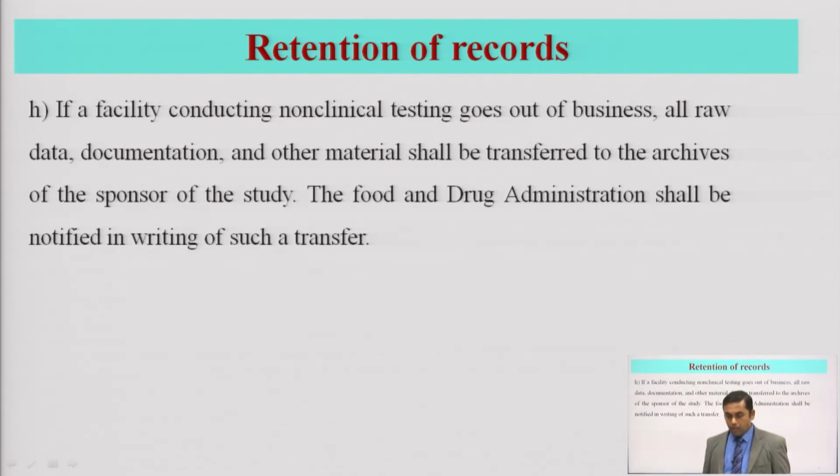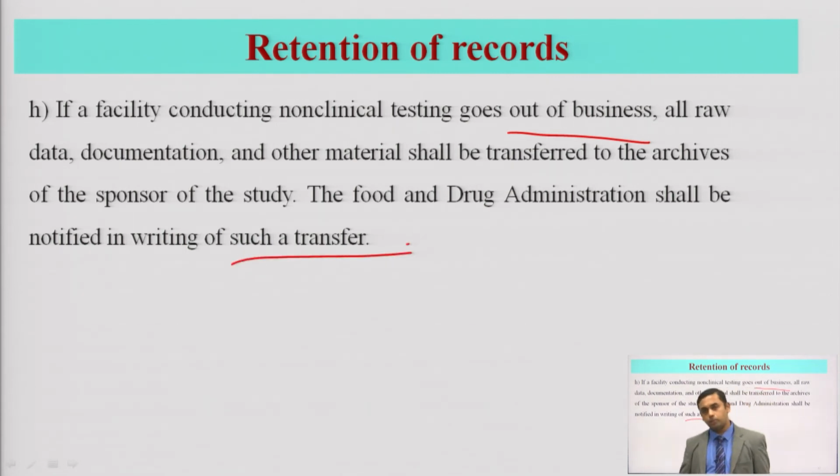After doing all such things, if a facility conducting non-clinical testing goes out of business, all the raw data, documentation and other materials should be transferred to the archive of the sponsor of the study. The FDA shall be notified in writing of such a transfer. You have to notify the FDA that your work is going out of business.